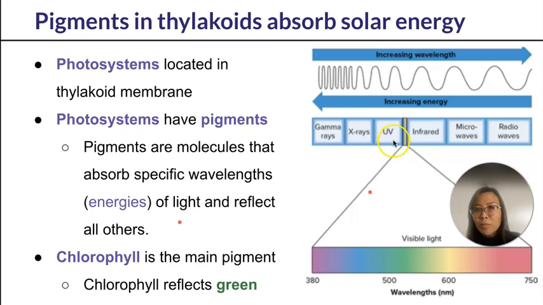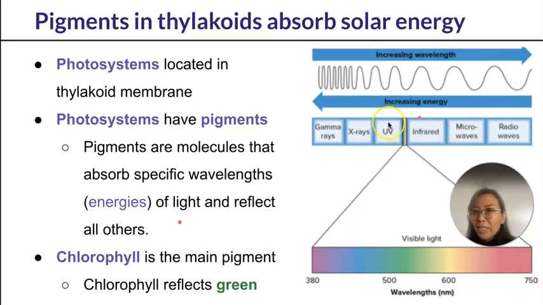So this is the visible light that we're able to actually see. On this side, the wavelengths are a little bit shorter, a little more energy, versus over here at 750, these red wavelengths actually have less energy to them and they're longer wavelengths.